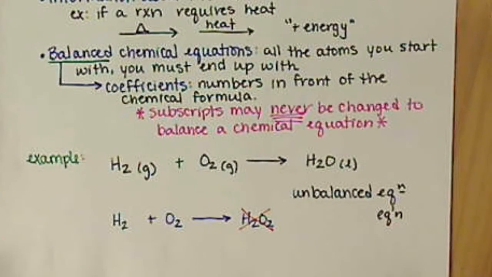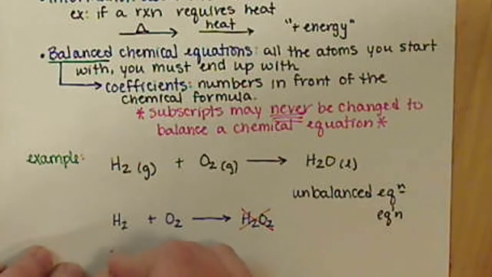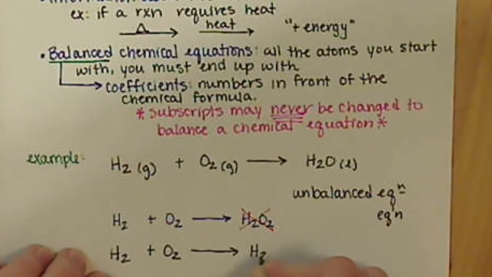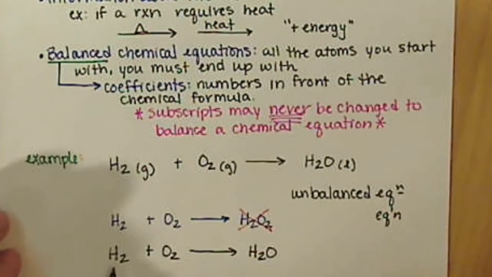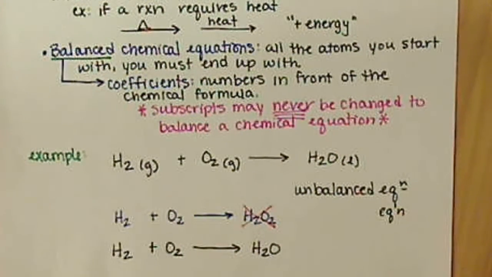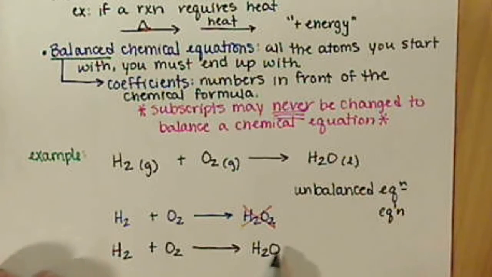Instead, we want to look at adding our coefficients. So again, we're going to stay with the equation that we've established. We have hydrogen plus oxygen to form water. We already knew that we had a problem here: we had 2 oxygen atoms and only 1 oxygen atom in our product.